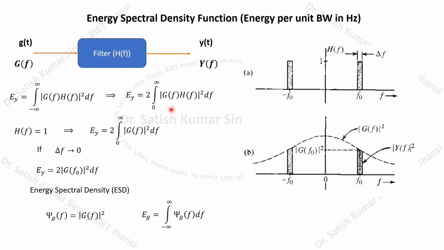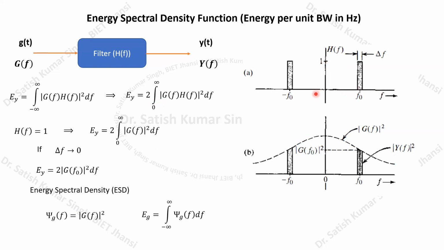Let us say it is a very narrow band pass filter with these characteristics. This band pass filter has a central frequency at f naught and a certain bandwidth denoted as delta f. The value of H(f) in the pass band equals 1; otherwise it is 0.